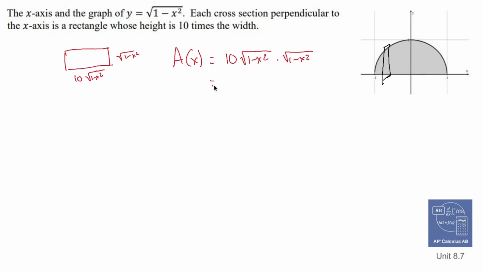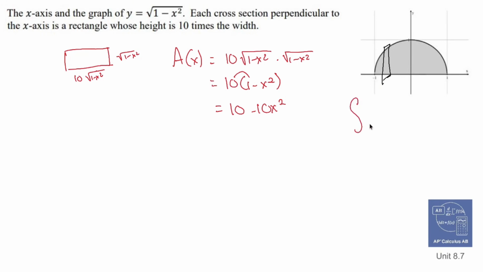This makes life very convenient because that times itself makes the square roots go away. So you're left with 1 minus x squared, and the area formula ends up being 10 times 1 minus x squared, or 10 minus 10x squared.